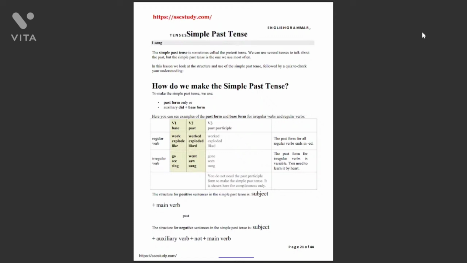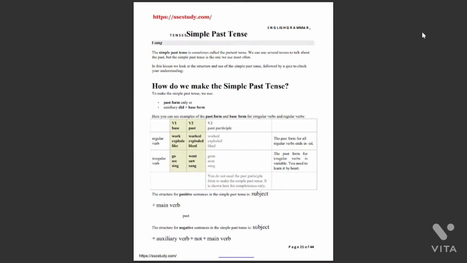Explode, exploded, exploded, like, liked. The past form for all regular verbs will end in ed. We'll be adding ed at the end.